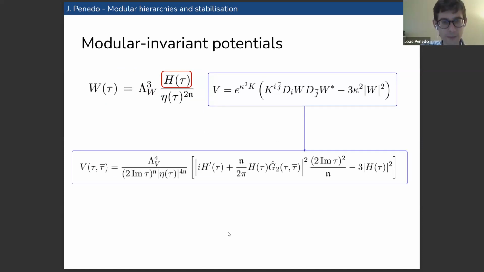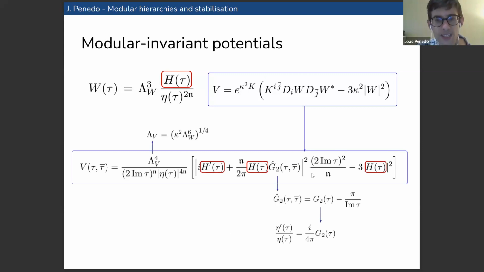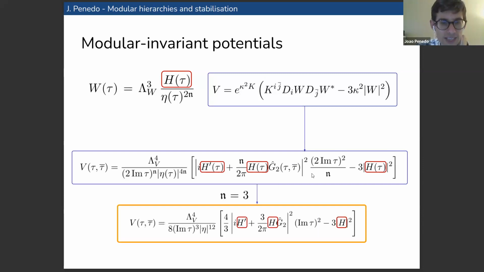And the potential V can be extracted from the superpotential W and from the Kähler K. I will not worry with details. This V is given. These are some relations between the constants, but essentially the only thing here that is left to fix is this H function of tau, and we fix n equals 3 as in the previous slide.